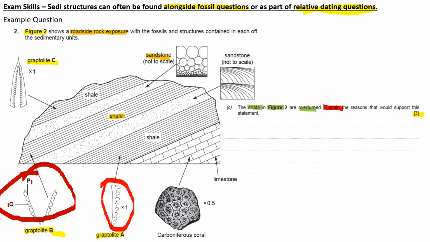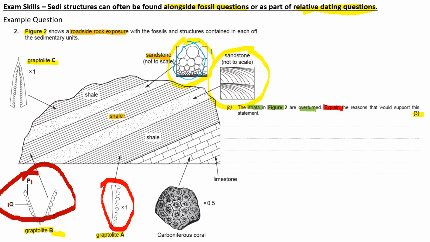Now, sedimentary structures, I think, in this case, are really easy to use. You can clearly see 2 of them here. We've got 2 different structures that you can use. I'm hoping that most people will be able to identify very quickly that the first one over here is graded bedding, and that graded bedding is the wrong way up.